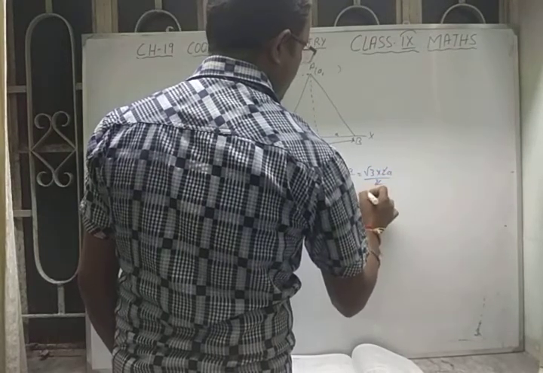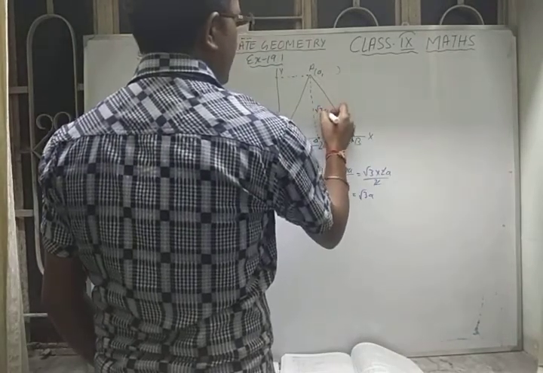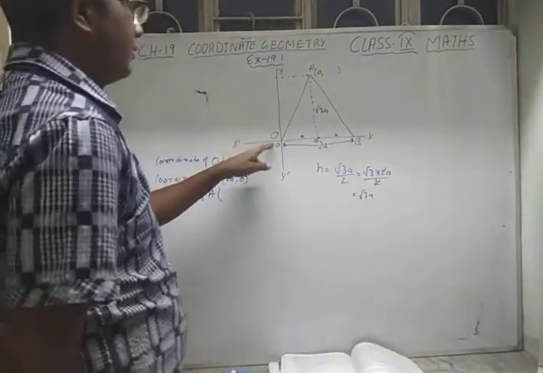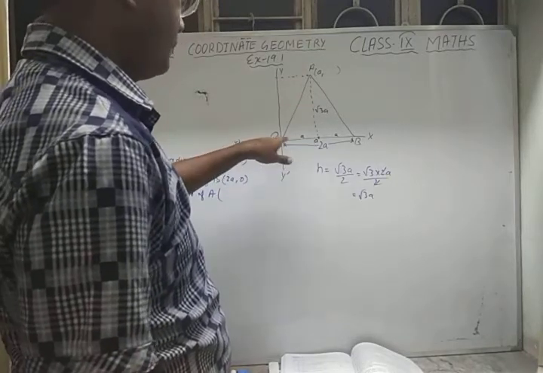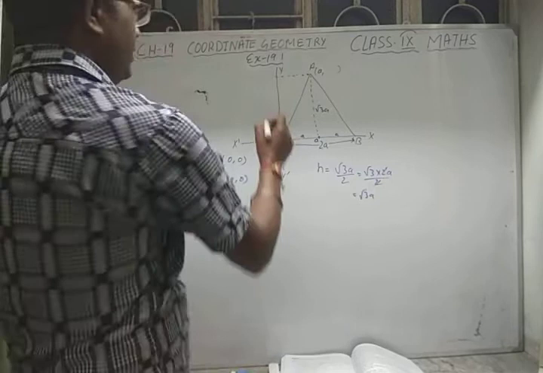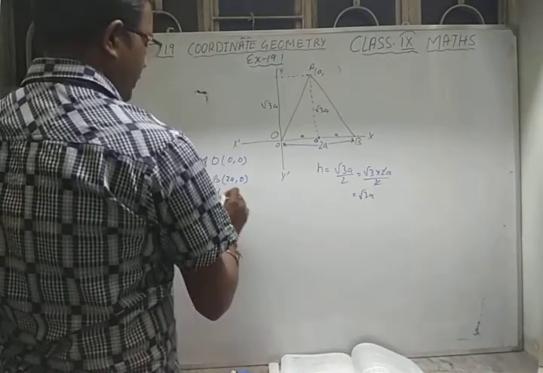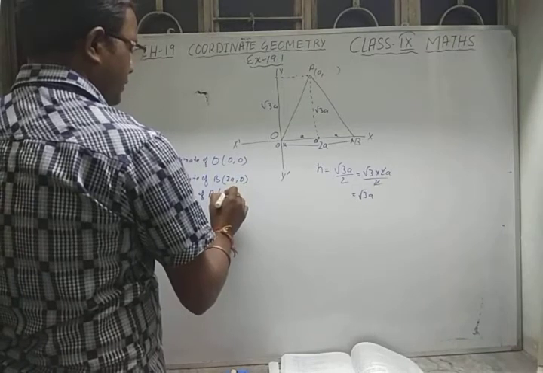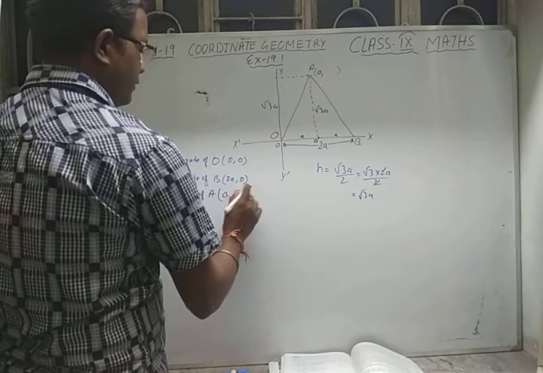It will be root 3 a. So this height is root 3 a. So that means the length between this vertex point to this point is root 3 a. That means the coordinate of A will be, first x is a and y will be root 3 a.